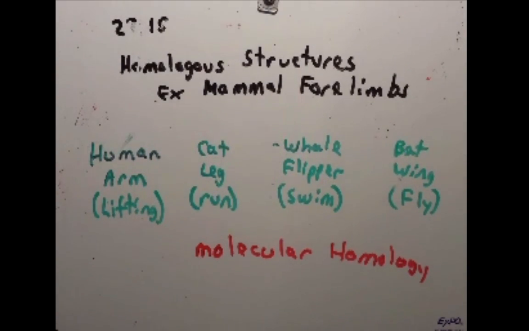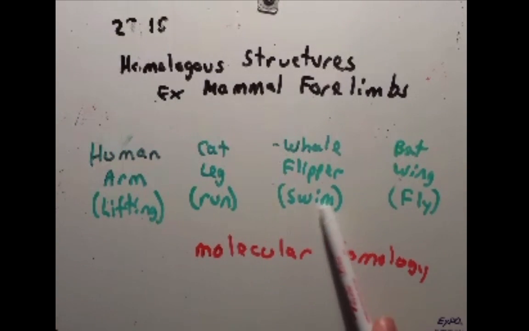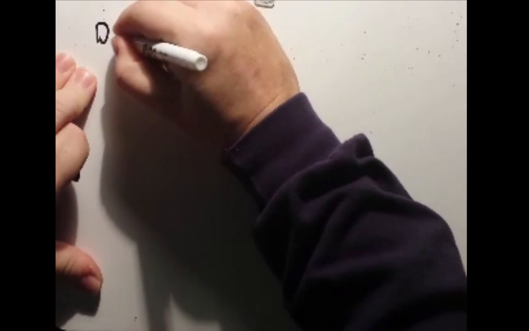But those changes are significant because they do change the actual function and the structure of these different adaptive modifications. So again, anatomical homology has been supported by molecular homology. The next thing we want to look at is something we'll call developmental.